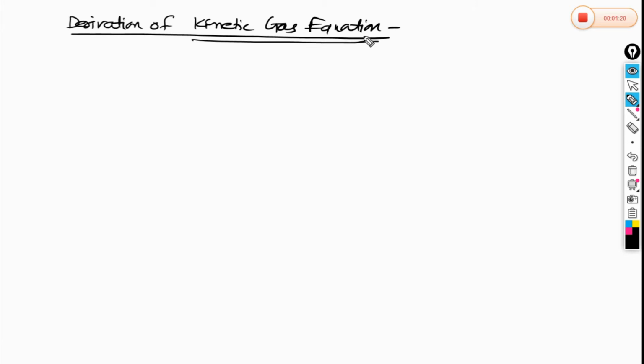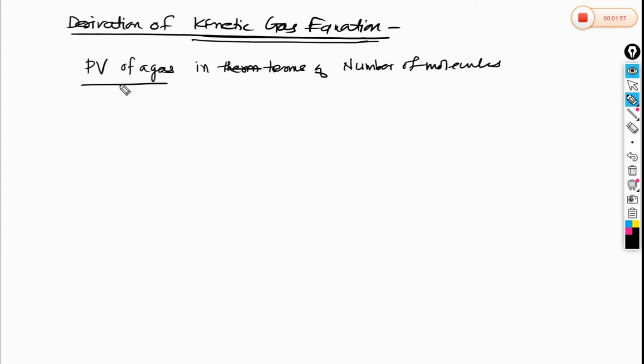And this kinetic gas equation expresses the PV of a gas in terms of the number of molecules, molecular mass and molecular velocity.